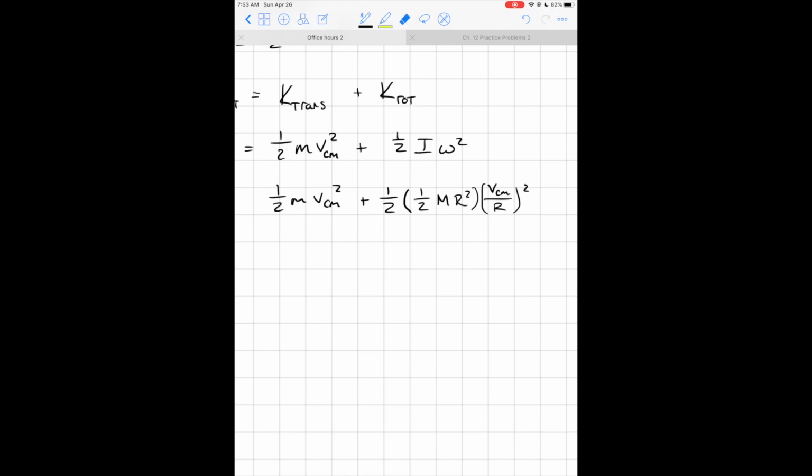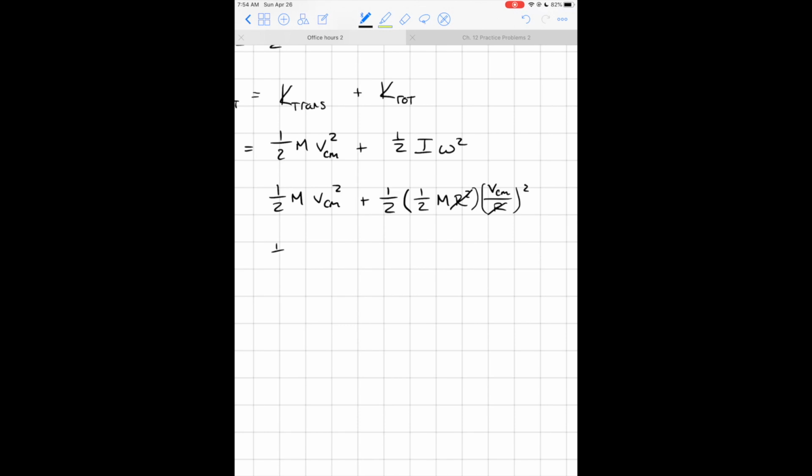And let's play by the same rules here. Let's call this a big M. All right, I see that I'm going to have an r squared in the denominator of the rotational kinetic energy, and an r squared in the moment of inertia contained in the same term. So maybe I can just cancel those.